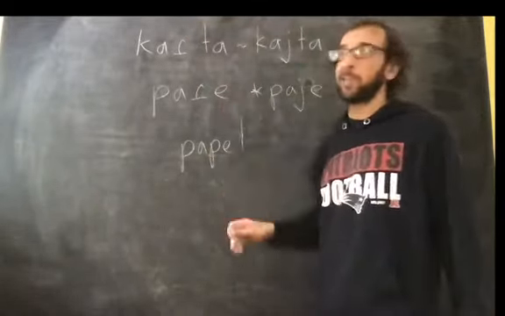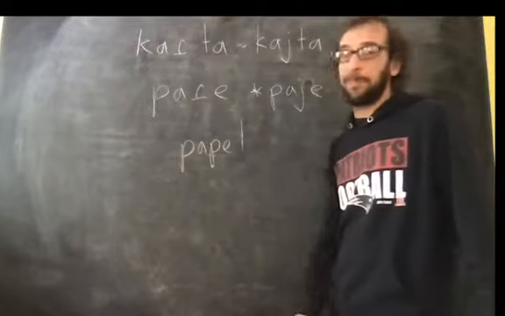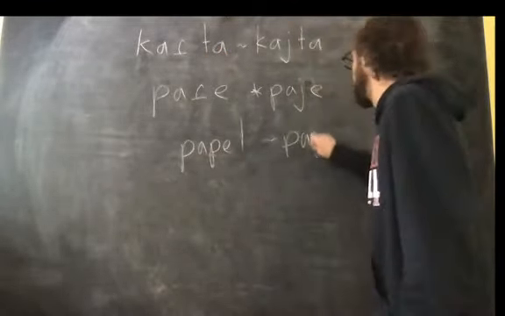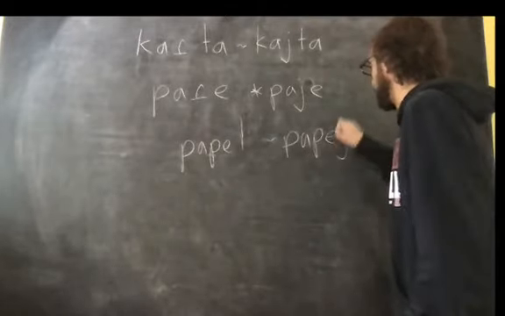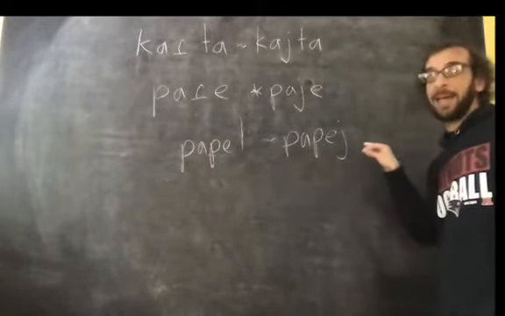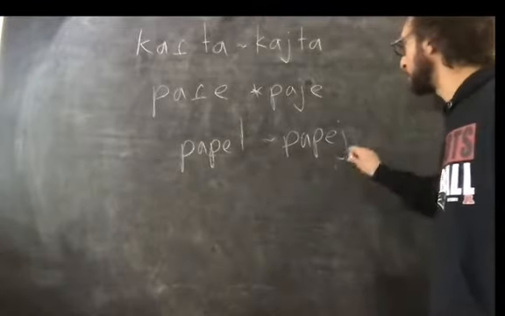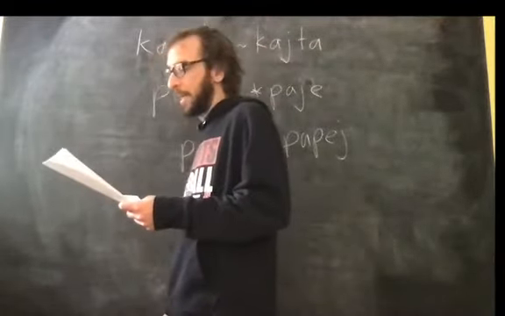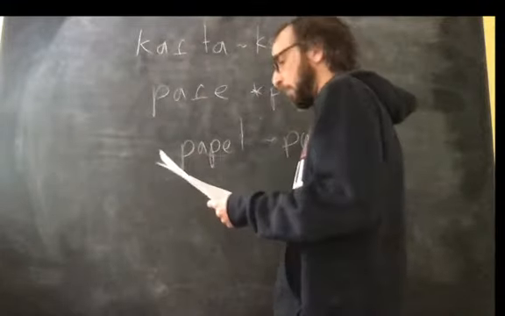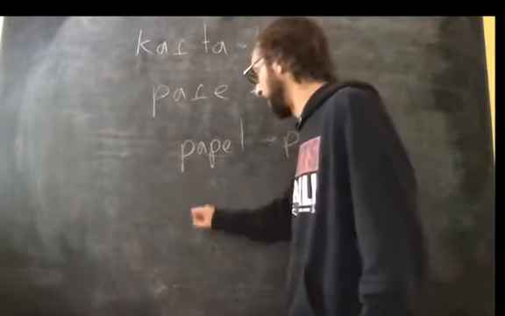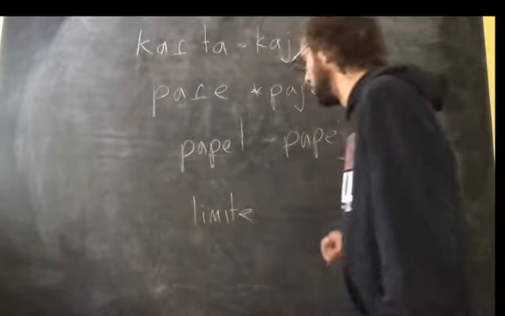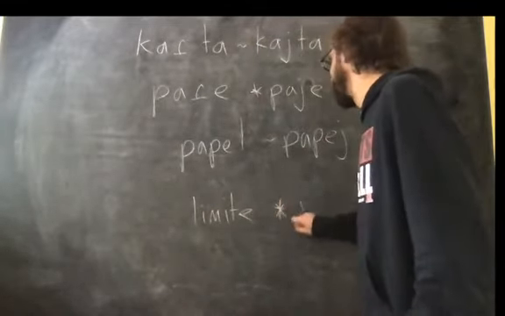So this is true of both segments before a stop like this or at the end of a word. You get variation between papel and papel. Again, liquid becomes a glide. Again, this doesn't happen in between vowels or before a vowel. So in a word like limite, you don't get yimite.